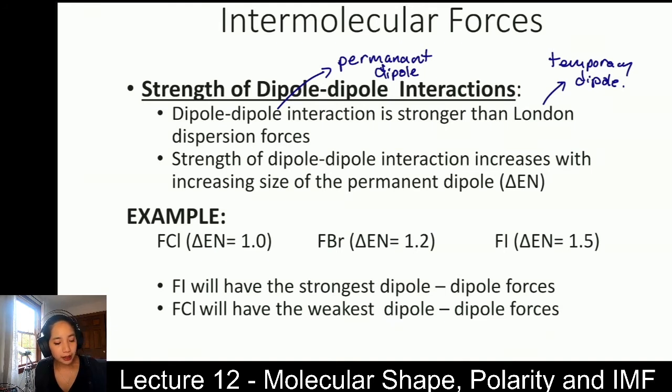So then finally, the strength of dipole-dipole interactions, that trend depends on how big your dipole arrow is, how big your permanent dipole arrow is on your molecule. So the strength of dipole-dipole will increase with increasing size of your permanent dipole, which essentially just translates into the electronegativity difference of the two atoms that you're looking at.